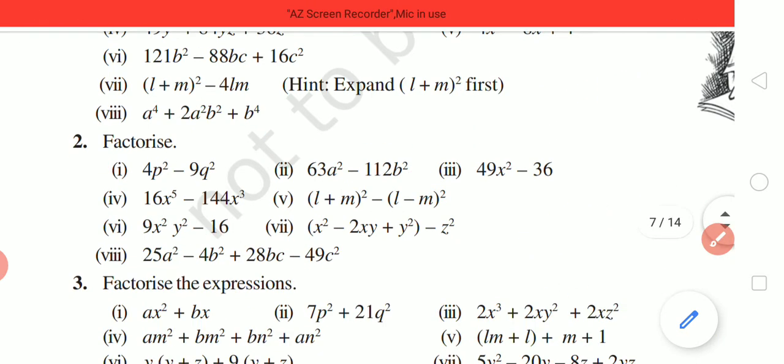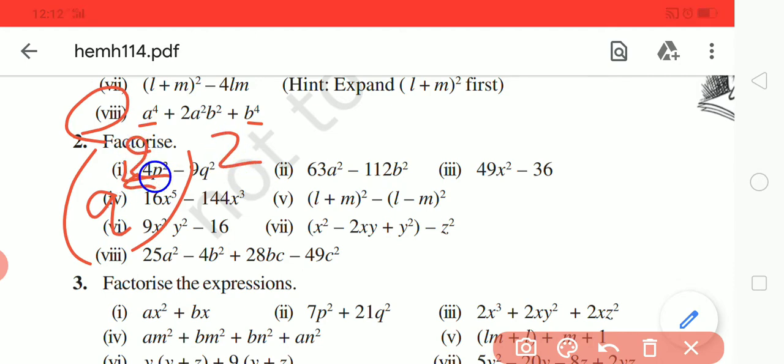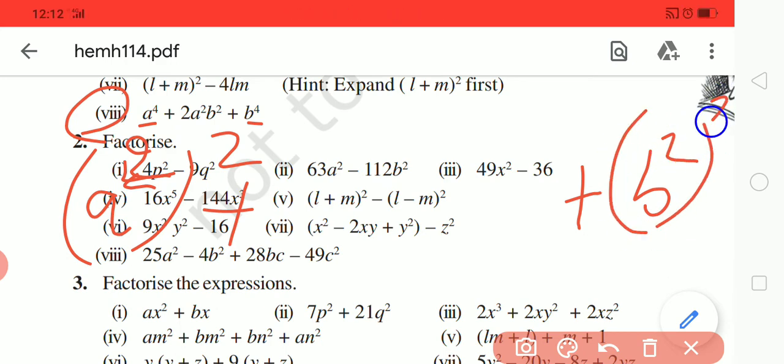So let us start the eighth part. Here we have been given power 4, so we will take the base square into power 2, right? You know that 2 twos are 4, so a to the power 4, and sign of the middle term, and the last term is b raised to 4, so you can write b square raised to 2.